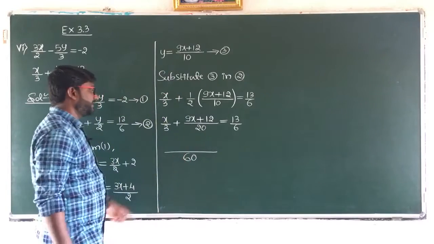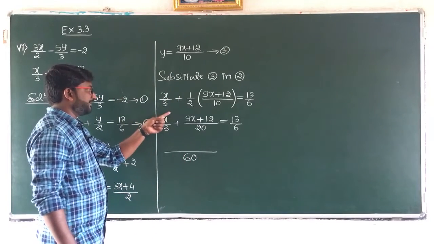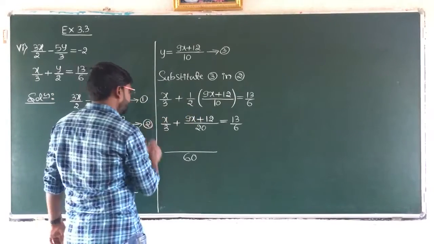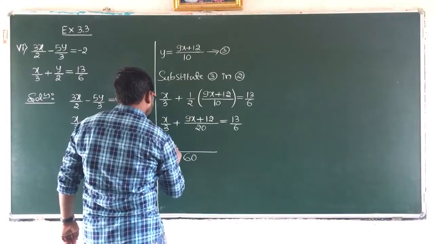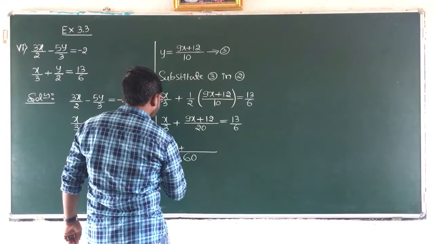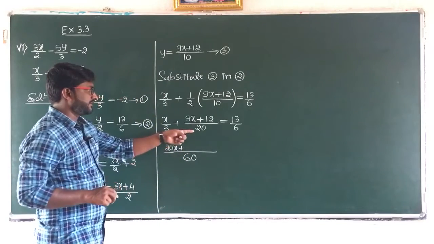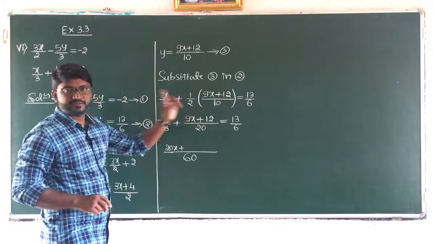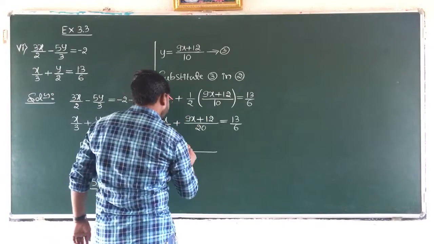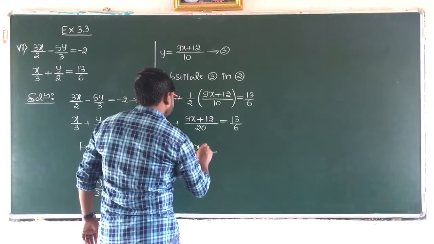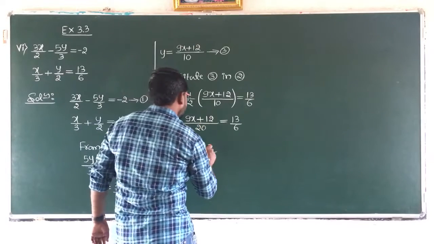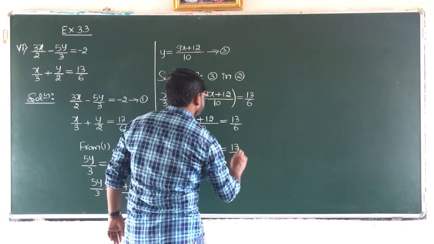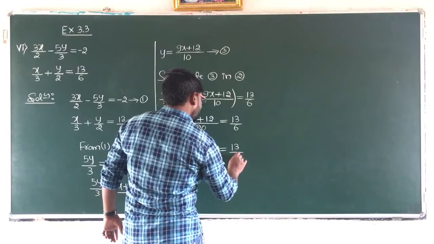Then now here we have to multiply by 20 and here we have to multiply by 3. So we get 20x plus, here we have to multiply by 3. So 3 must be multiplied with these two terms. So 3 into 9x will be 27x plus, so we get 36 equal to 13 by 6.